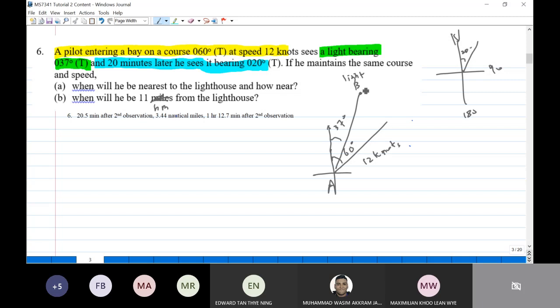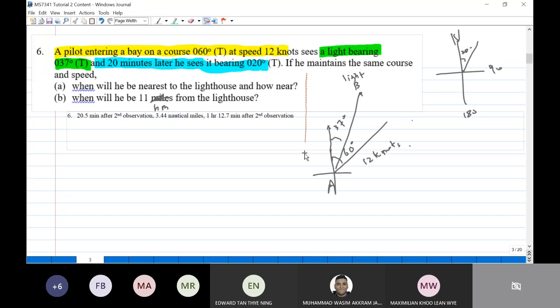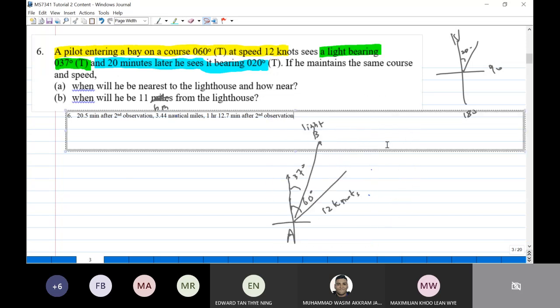That means I can move it further away. I want to see 20 degrees, so let me redraw it here because I need space.